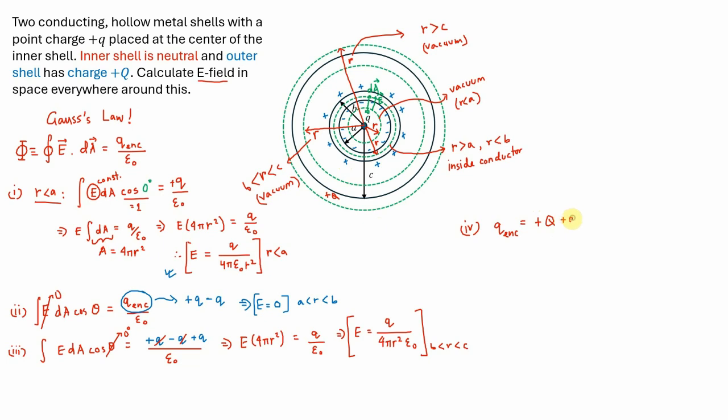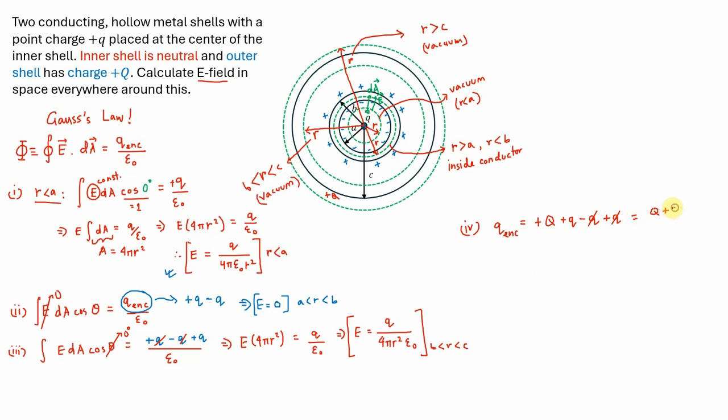We have the charge on the outer layer of the inner shell plus Q, the inner layer of the inner shell minus Q, and also the charge that is completely inside at the center, that is plus little q, that is due to the point charge. So that is the total charge enclosed. You add them up, and one of the Q's cancels out the minus Q, so the overall charge that is inside my Gaussian surface is capital Q plus little q.